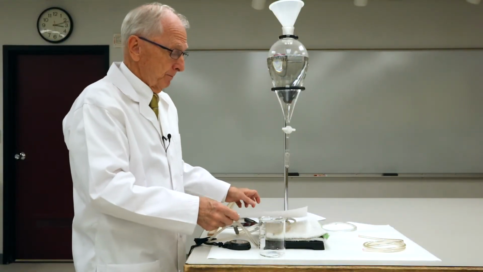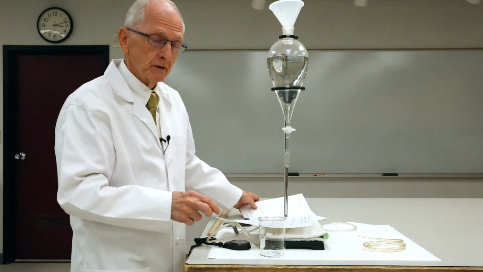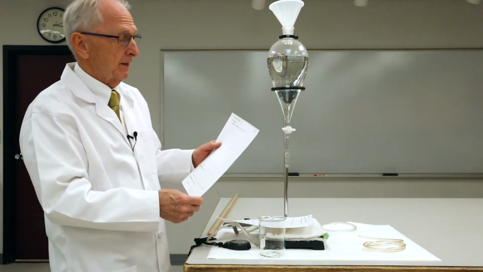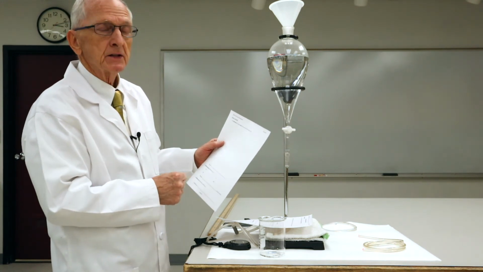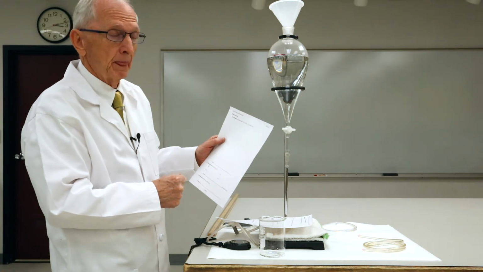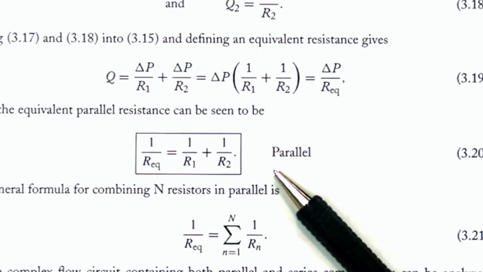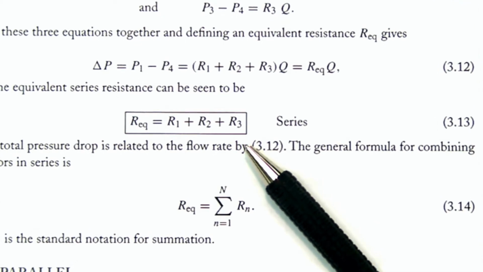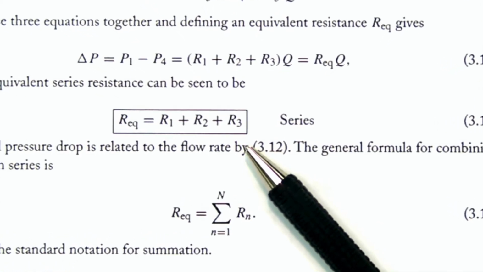And then, based upon what we just measured a few minutes ago for tube number 1, estimate, before we make the measurement, the resistance of tube number 2 based upon that value of what we measured for R1, and then equations 3.13 and 3.20 in the textbook.